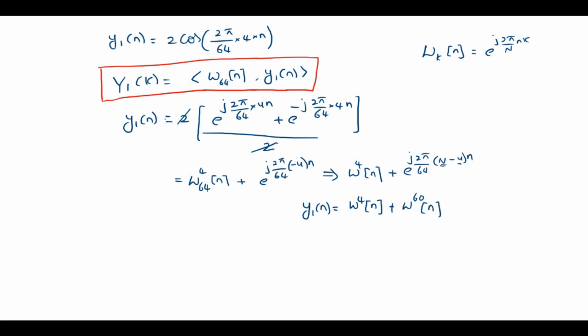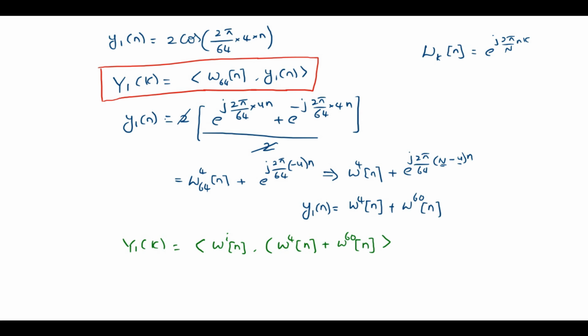Now Y1 of k is the inner product of W power k of n with W power 4 of n plus W power 60 of n.